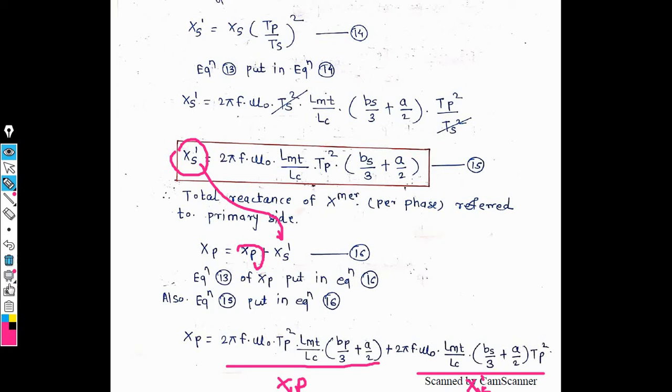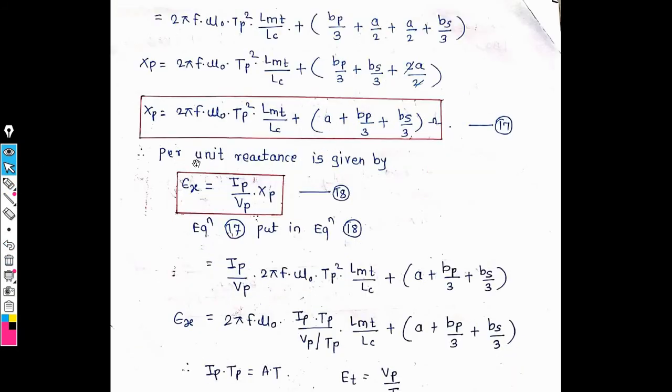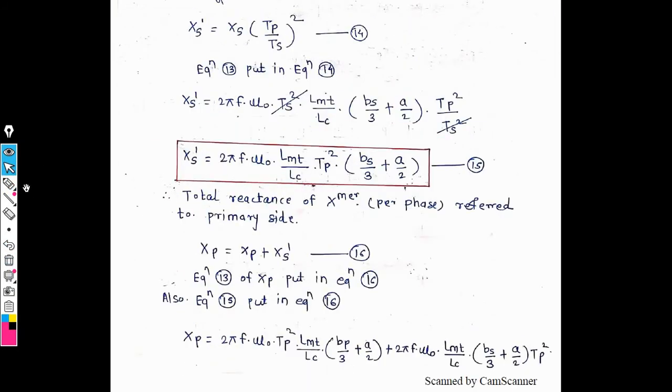Okay. Then in the next equation we take common 2 pi f mu 0 and Tp square, and also the term length of mean turn upon Lc. This whole term is taken as common.